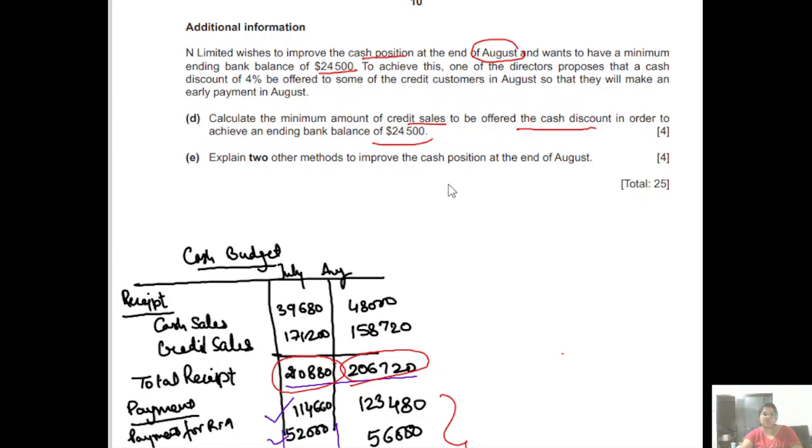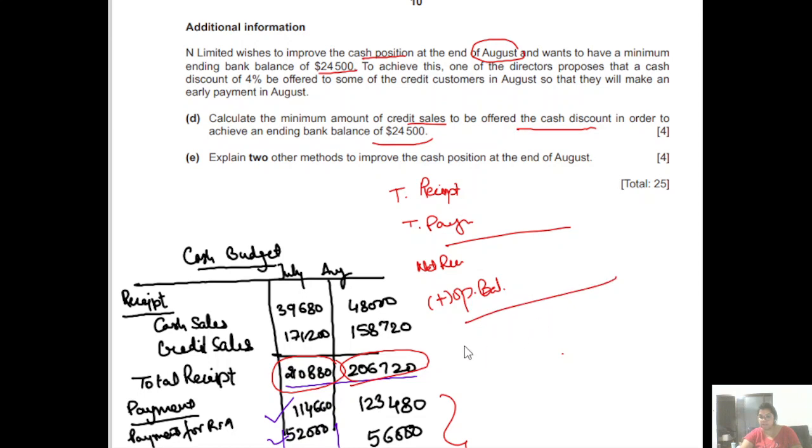Cash budget. What is a cash budget? Total receipts, then total payments, then you find the net receipt, then the opening balance, and then you conclude with your closing balance.